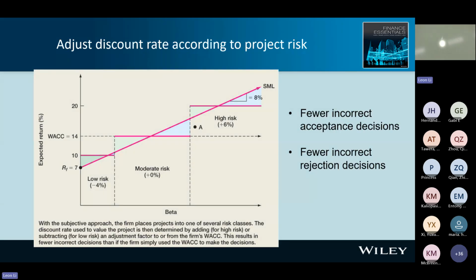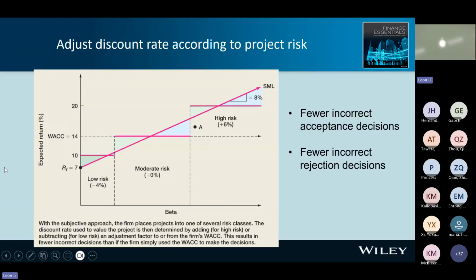So next slide, we show you why we adjust the discount rate according to the project risk. Think about our triangle. Remember the triangle is incorrect acceptance and incorrect rejection. So if we adjust our WACC, or adjust our discount rate, according to the project risk, for higher risk I use a higher discount rate, for median the same discount rate, or a lower discount rate for low risk, you can see our incorrect area will become smaller.